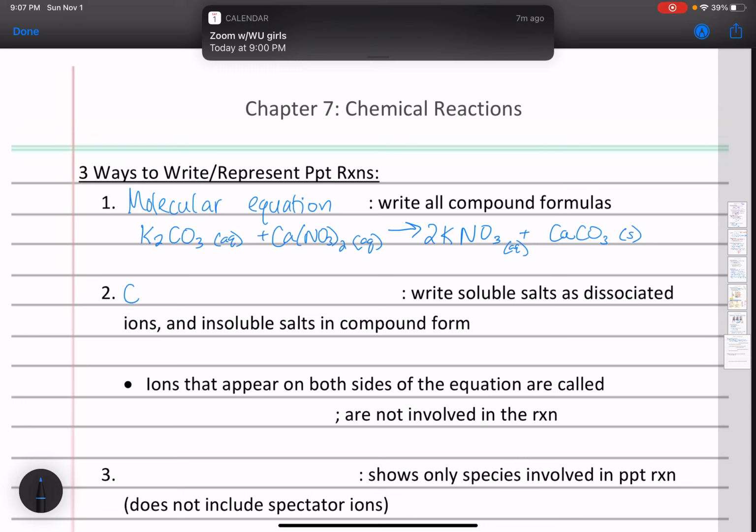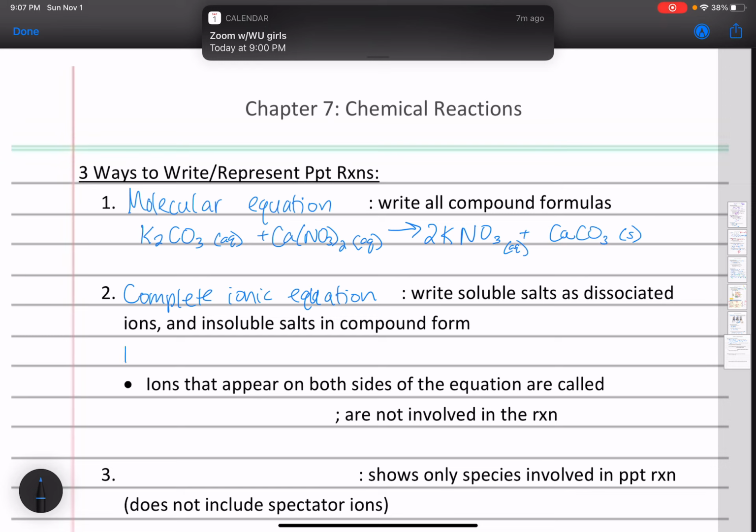So the equation that represents reality best is called the complete ionic equation. In this, we take all of those soluble salts and write them as dissociated ions, but we keep the insoluble salt, the precipitate, in its compound form.